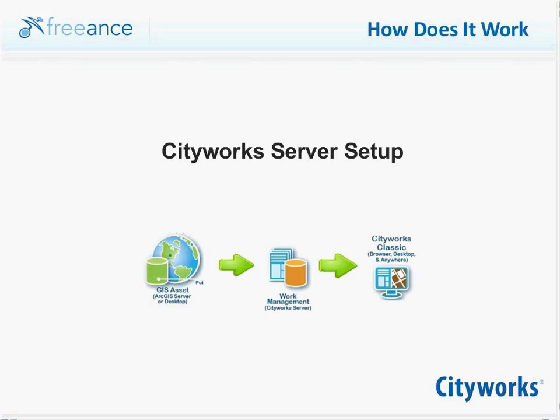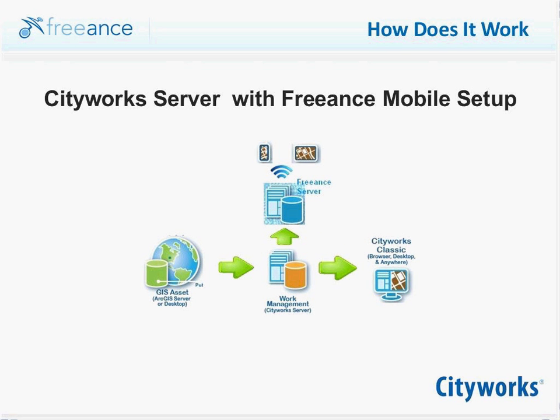A little schematic, very simple. This is kind of the classic here. You've got a Cityworks server going out to the web, and then you've got your database and GIS. We are just another server-side layer on top of the Cityworks server.